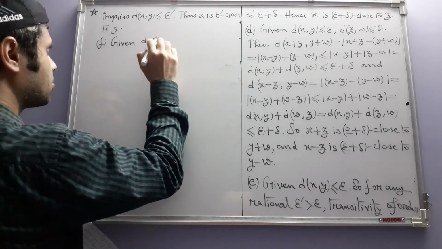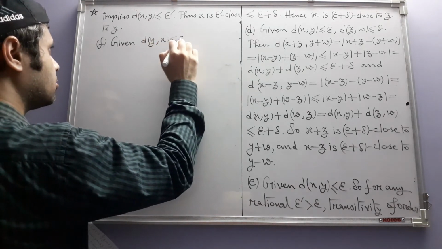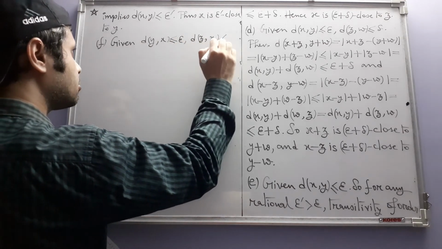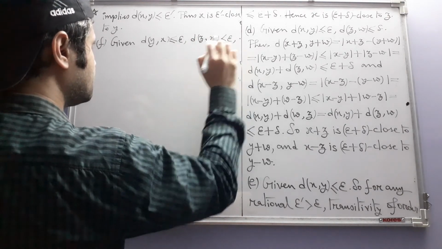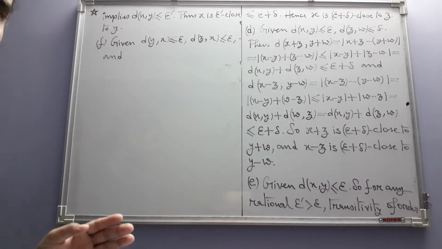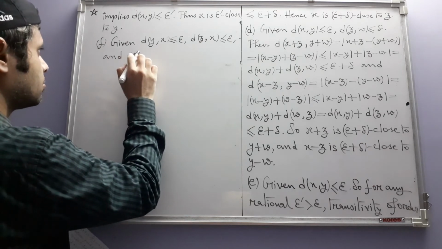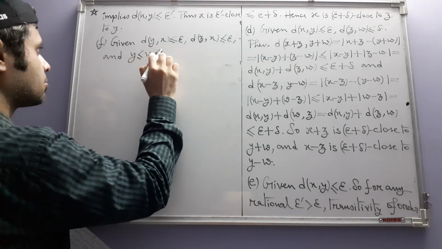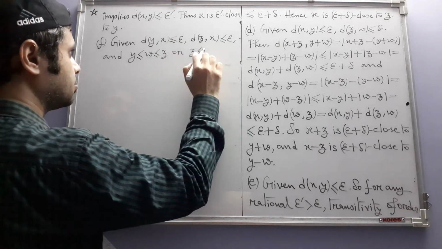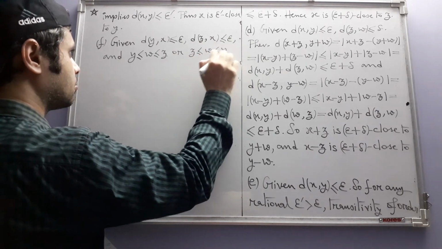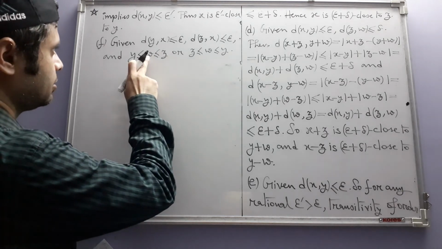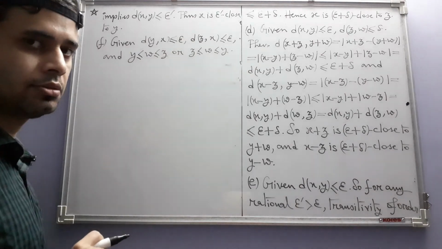That means y is epsilon close to x and z is also epsilon close to x, and w is a rational number lying between y and z. In this manner or this manner. Okay, we have to prove that w is also epsilon close to x.